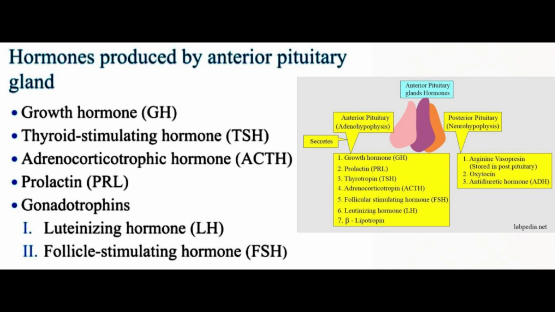So somatotropes will secrete which hormone? Growth hormone. The corticotropes will secrete adrenocorticotropic hormone. The thyrotropes will secrete thyroid stimulating hormone. The gonadotropes will secrete FSH and LH hormone. And lactotropes will secrete prolactin.